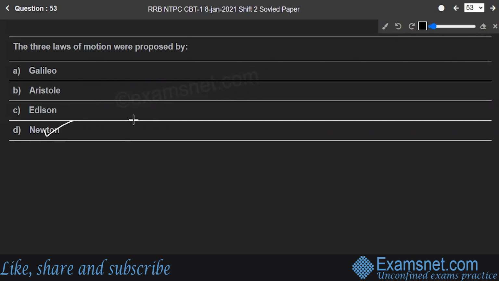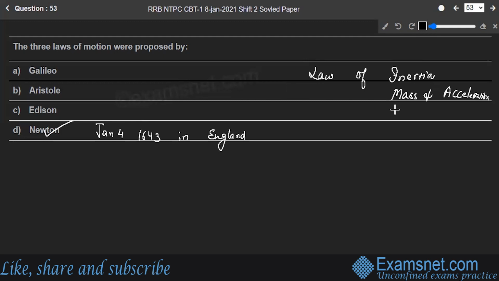He was born on January 4, 1643 in England. Newton's three laws of motion were the law of inertia, the law of mass and acceleration, and the third law of motion.